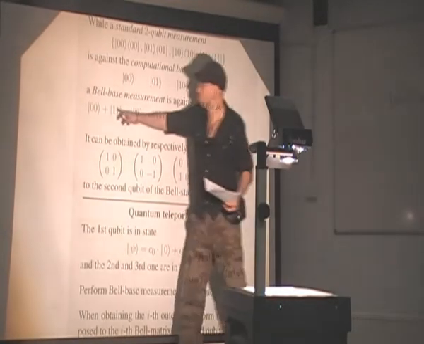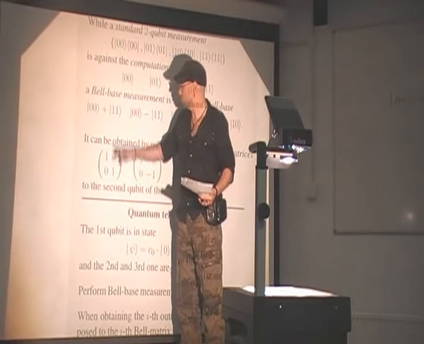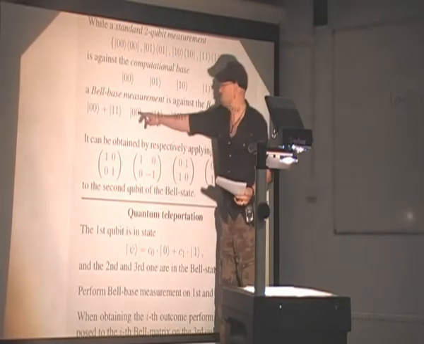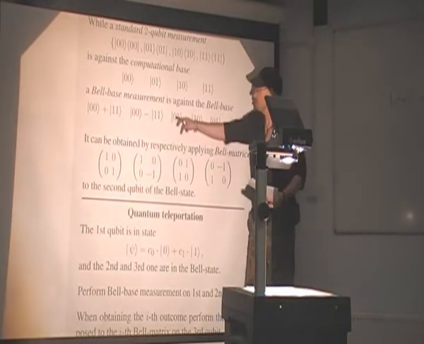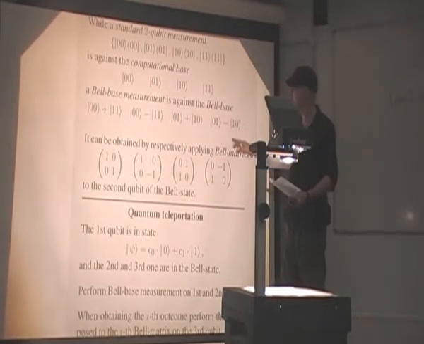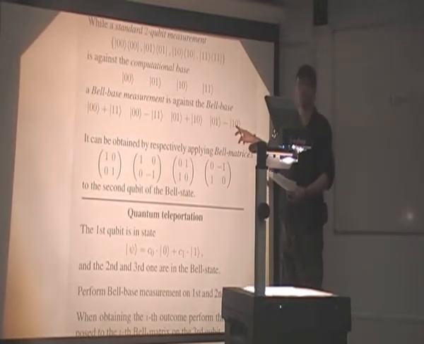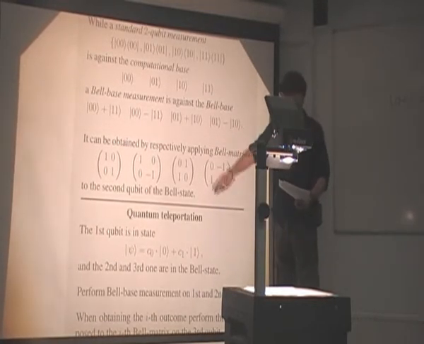We saw already that this one corresponds to the identity. So 0, 0 is 1, and 1, 1 is 1. If 0, 0 is 1 coefficient, 1, 1 has minus 1 coefficient. 0, 1 is now a 1 coefficient, and 1, 0 has a 1 coefficient, and here the minus 1 coefficient is from the 1, 0. So you see that these are the tensor product states, and these are the corresponding linear maps.